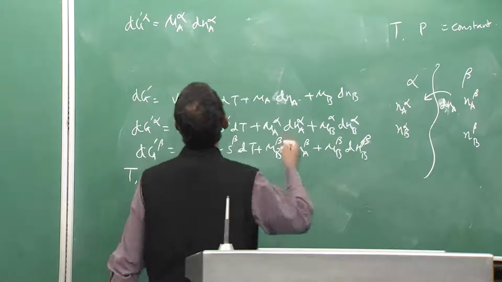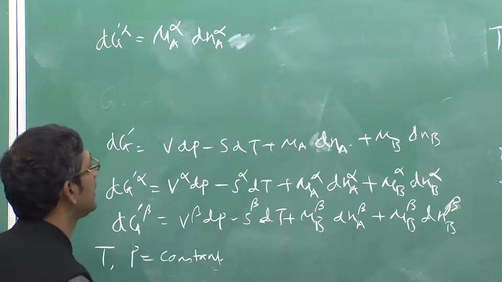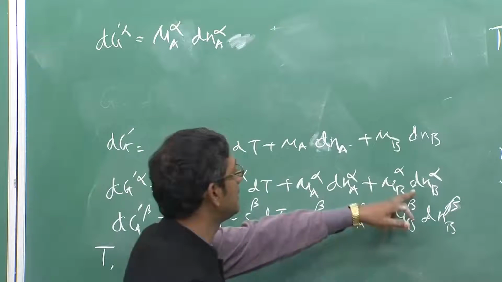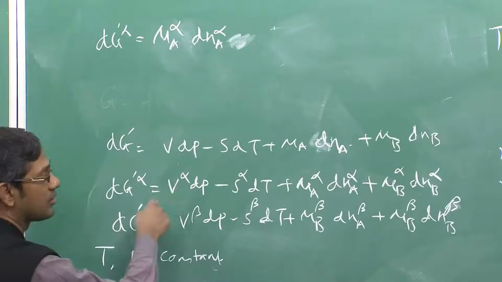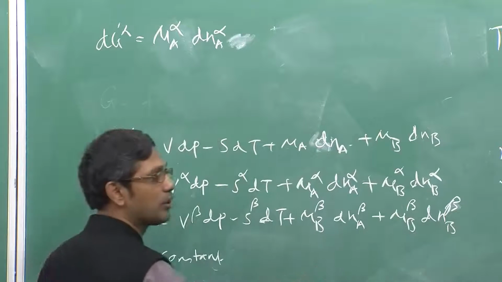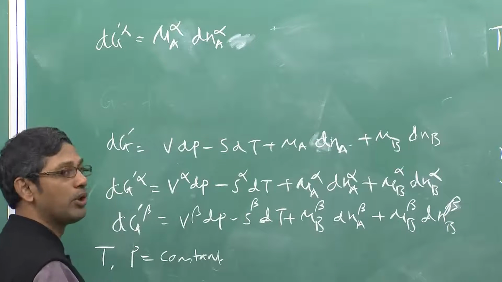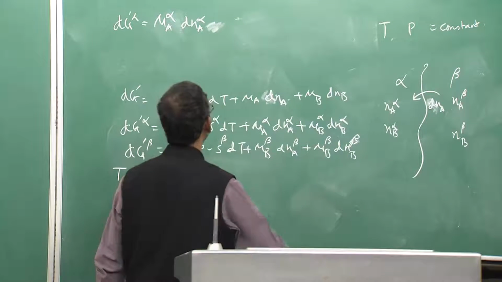This is the change of energy, because we have already assumed pressure and temperature constant. So dP is 0, dT is 0, dNB is also 0, because no B molecules are getting transported from beta to alpha, only A molecules are transported.